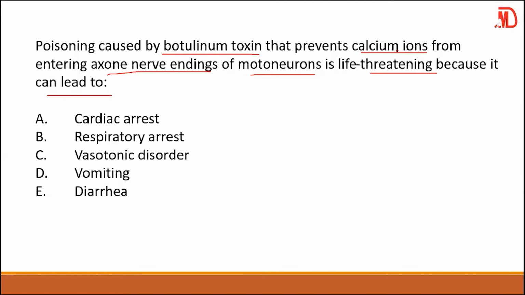You and I know that if you want to inspire, a whole lot of things go on in your body: the external intercostal muscles, the internal intercostal muscles, the diaphragm, all of those come into play. So imagine now there's no calcium, there's no acetylcholine at the neuromuscular junction. What happens? Respiratory arrest. And hence, your answer is B.